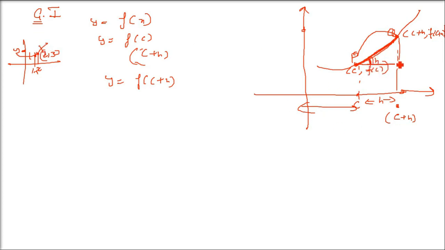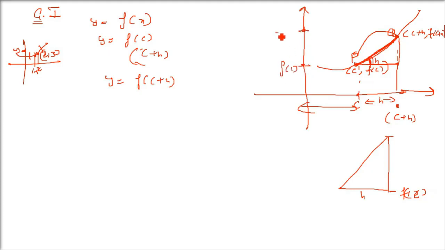First, let me find out the slope. What is the slope here? There is a triangle being formed. This is a point, this is h. This is the y difference, because the y point was f(c) and the above point was f(c plus h). I'm taking the y difference because this is the y coordinate.